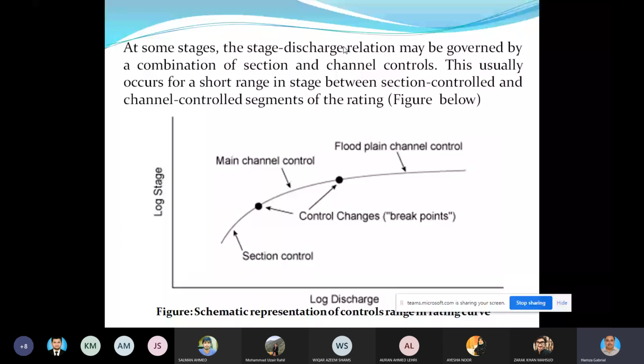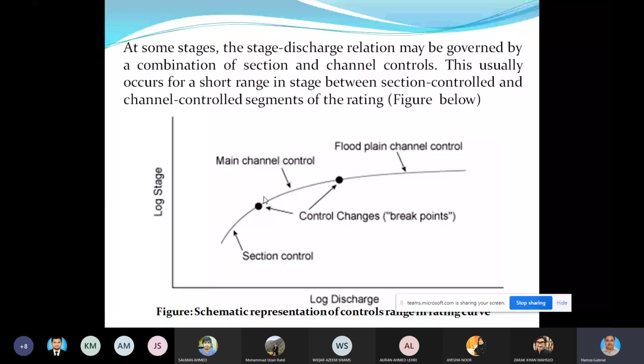These three changes occur in a very short range of stage rising. As you can see, it is a flat curve; it does not rise very steeply. So in just a short range of change in stage, the control changes from one to the other.